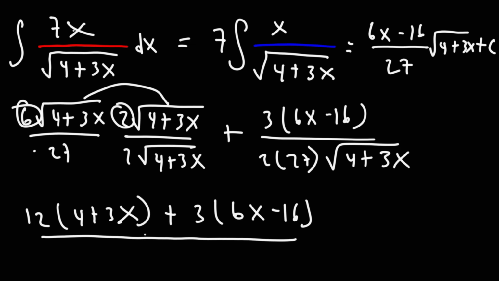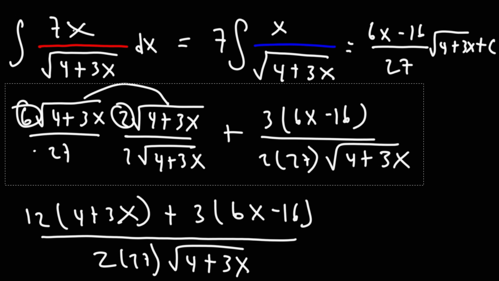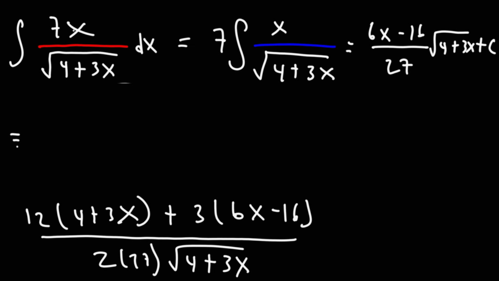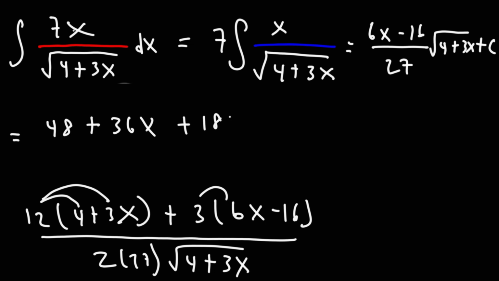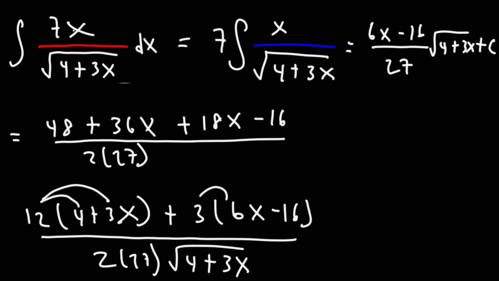And then we can write this over a single denominator. 12 times 4 is 48, and then 12 times 3x is 36x. 3 times 6x is 18x, and then we have minus 16. And on the bottom we have 2 times 27 times root 4 plus 3x.